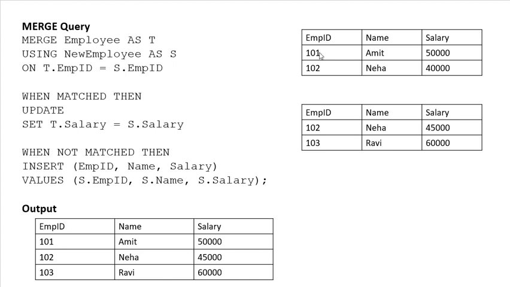The output will fetch and compare the employee IDs. The employee IDs are first 101 and 102, and 102 is repeated in the new employees table, so 102 is printed only one time.